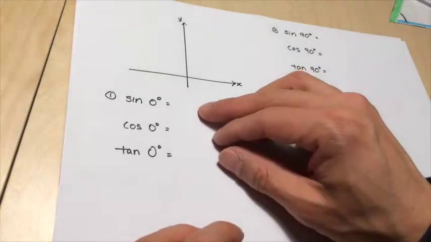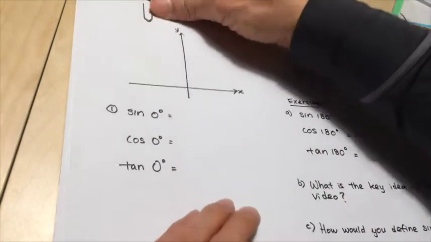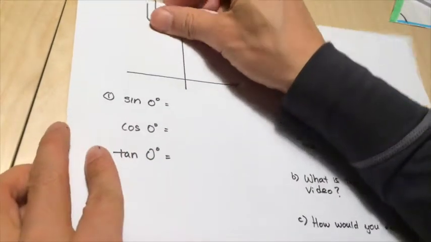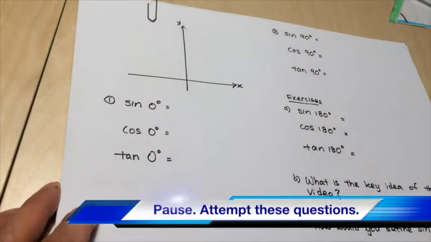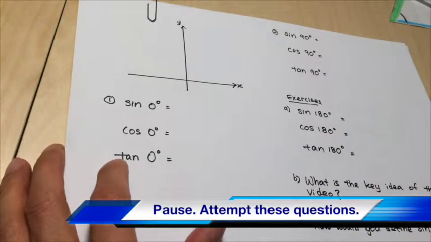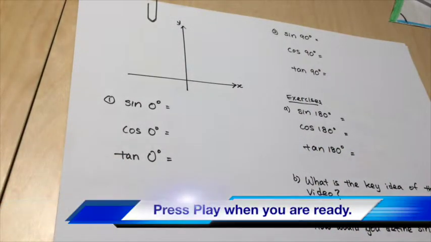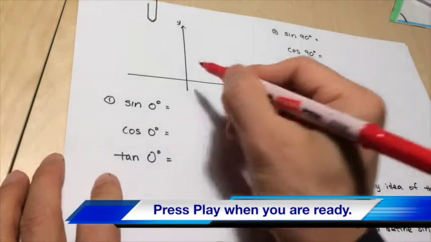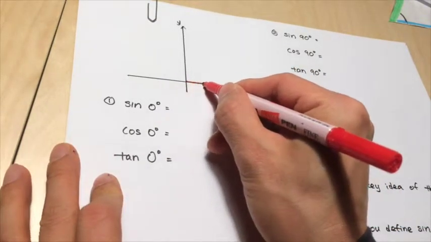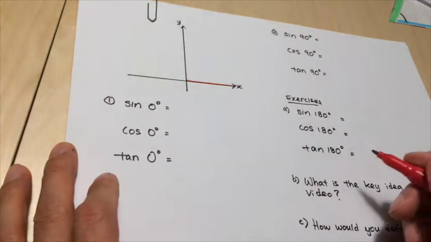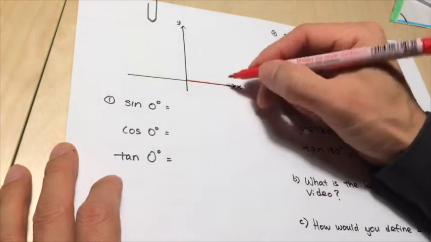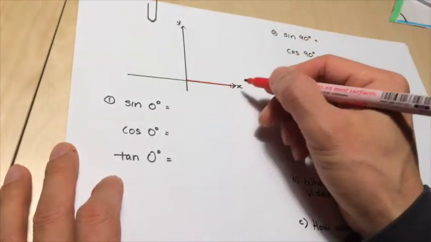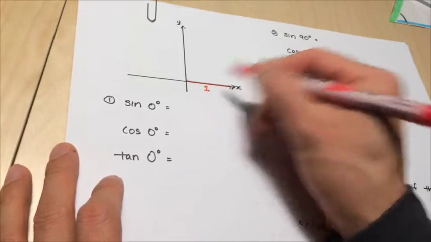More questions. Right. First one is, what about sine of 0 degree, cosine of 0 degree, and tangent 0 degree? Well, let us explore. Where is 0 degree? Well, 0 degree is somewhere here. Right? And let us use a radius of 1 unit. So here's 1 unit.